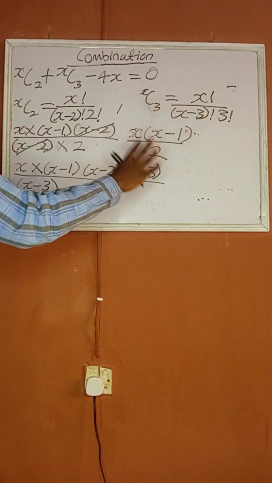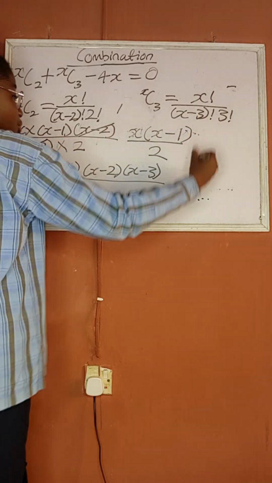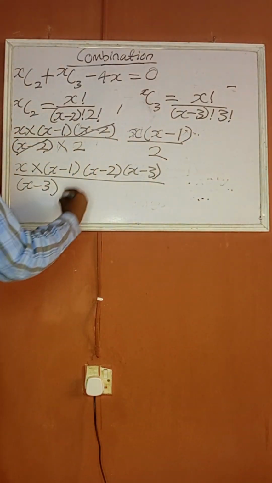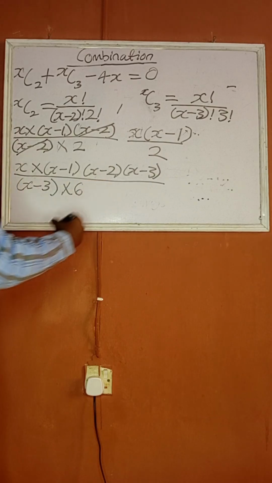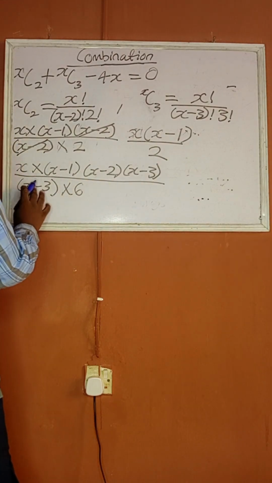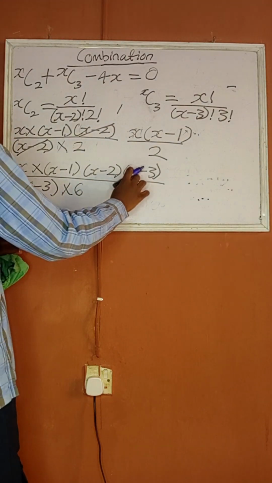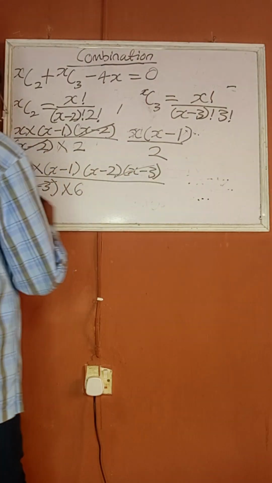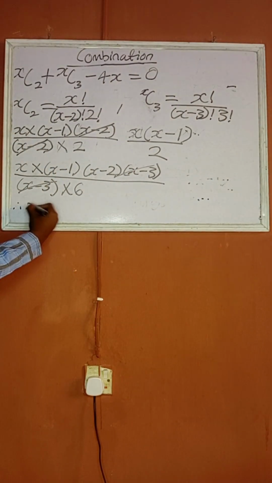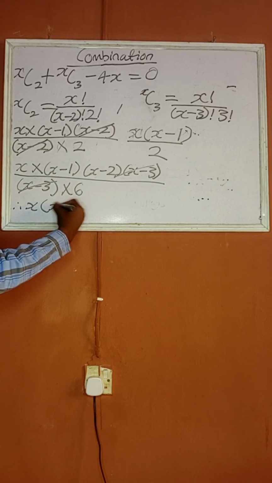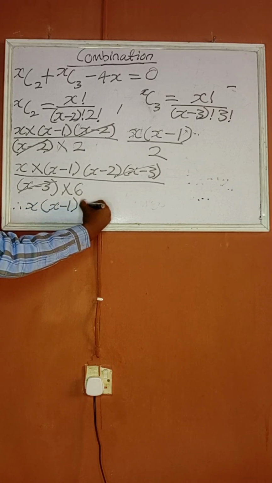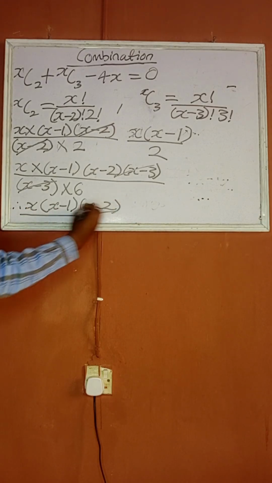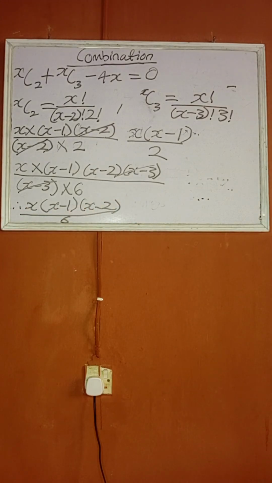I just said let me just let it be as x minus 3, and then factorial 3 is 3 times 2 times 1, which is going to be 6. So since there is x minus 3 here and there is x minus 3 here, you cancel out. So that leaves you with x times x minus 1 times x minus 2 all over 6. So that's what we got.